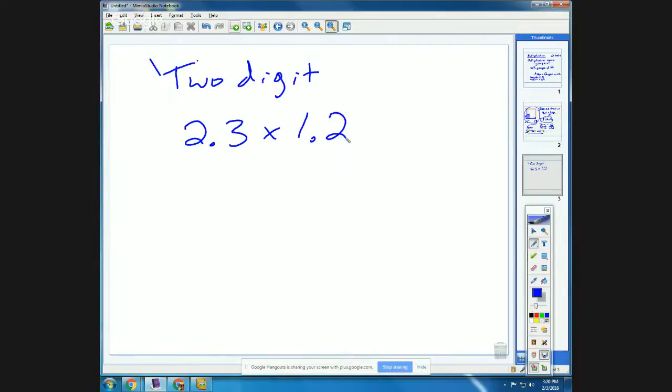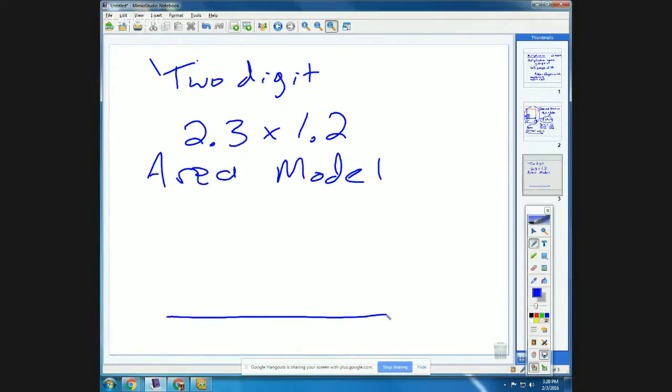If we start trying to throw hundredths in there too, the pictures are impossible to draw. So we're still going to go with that area model. That means I need to draw a base that represents 2.3. So I'm going to use my eraser to measure, roughly.